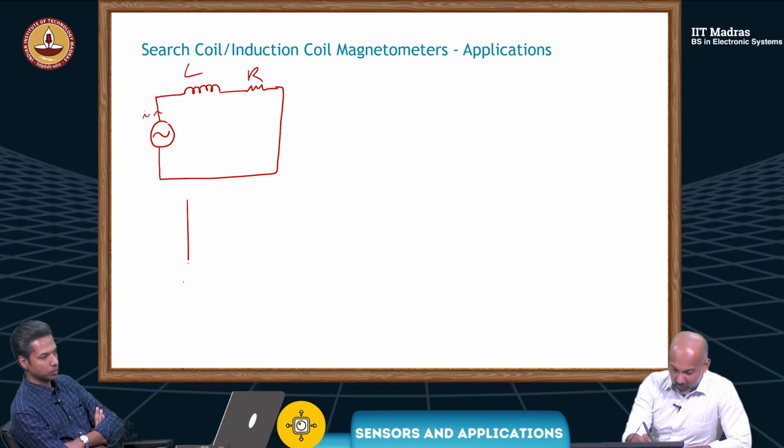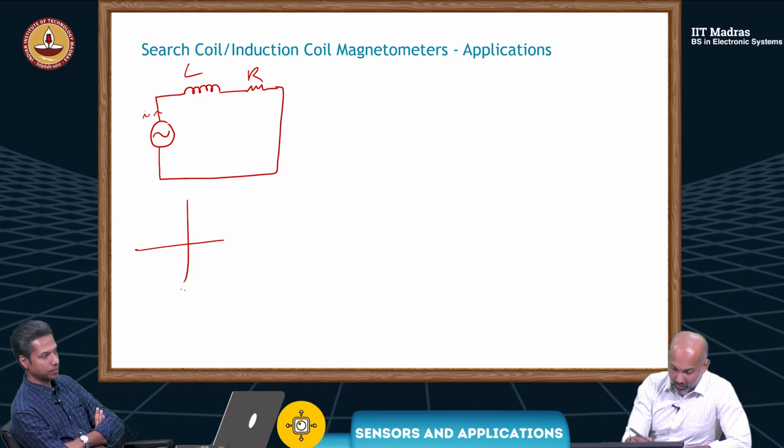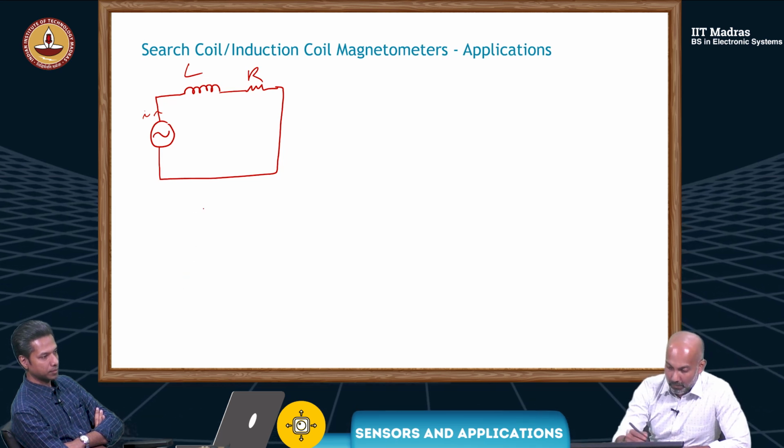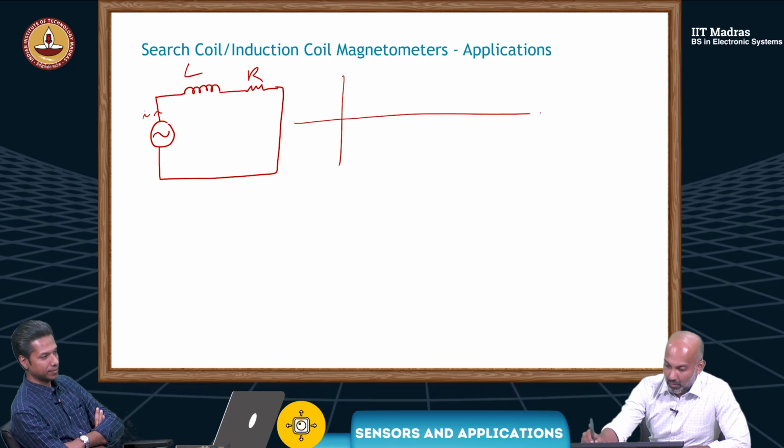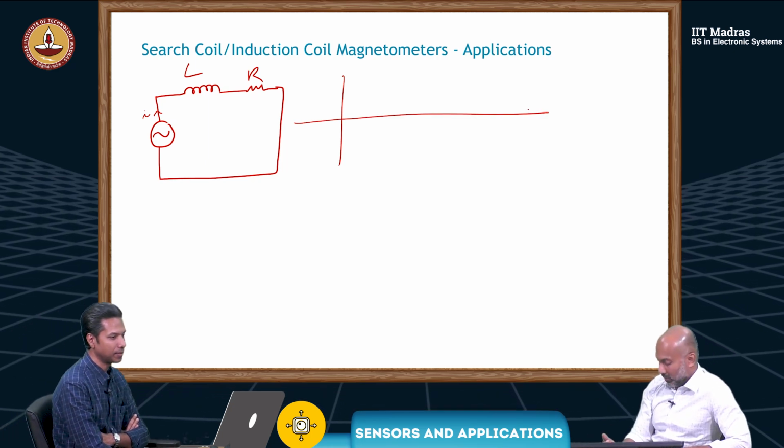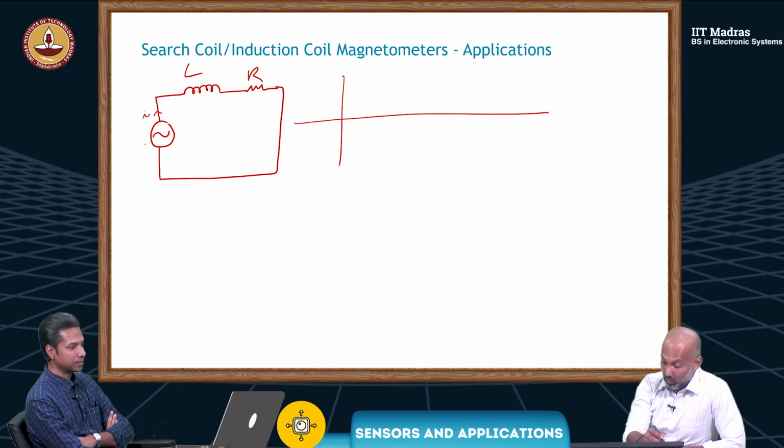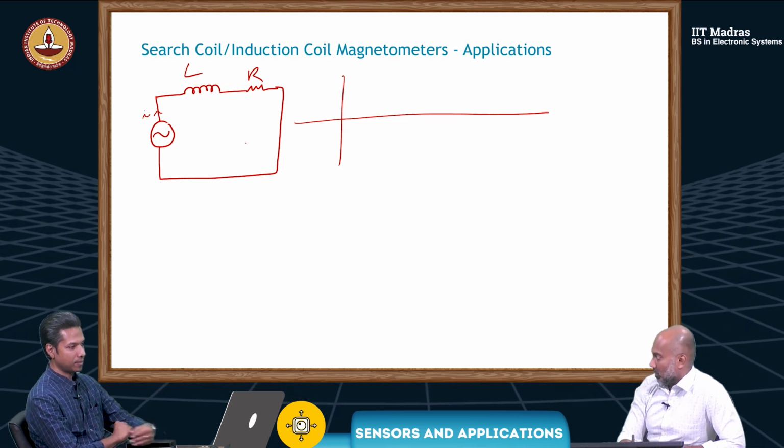But now if you draw it here, then you're applying a voltage, no? You're applying current, sorry, and you look at the voltage, right?